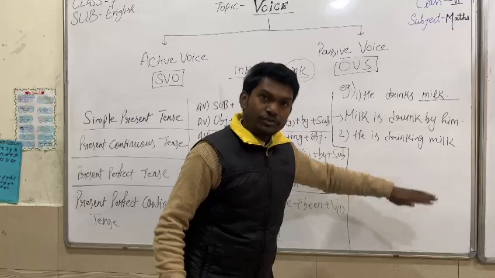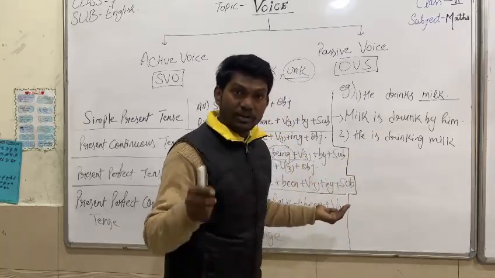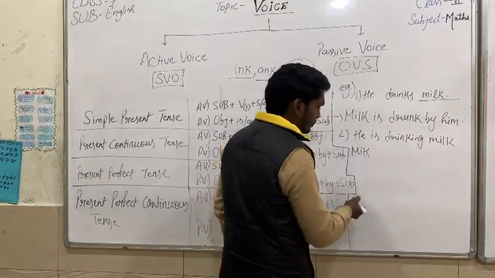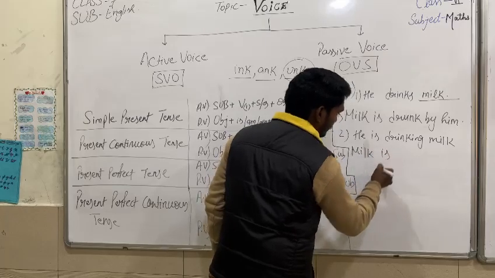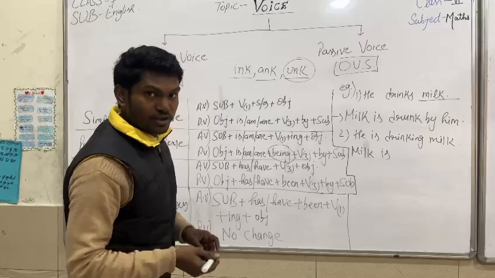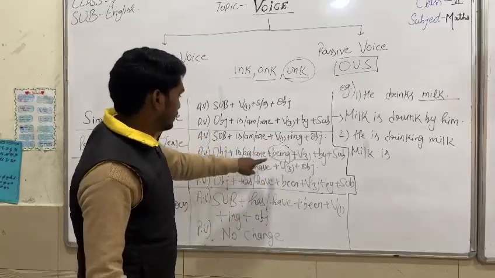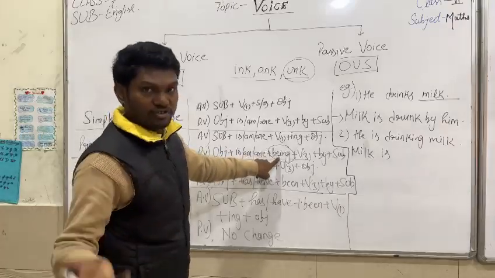Now, to change it into passive voice, milk is taken first because he is drinking milk. Milk is the object. So, milk is. Now, the utmost important thing which I have told you to write down after is, this is being, being, because the tense does not change.